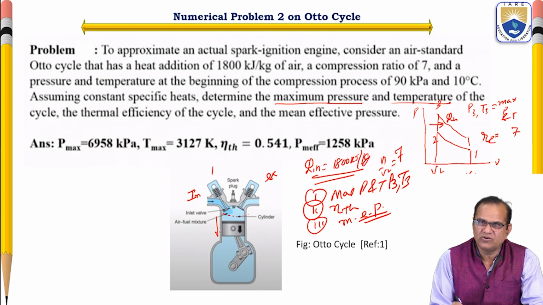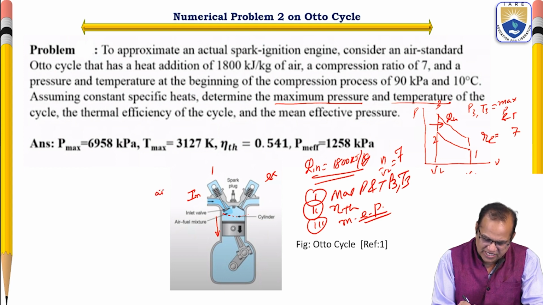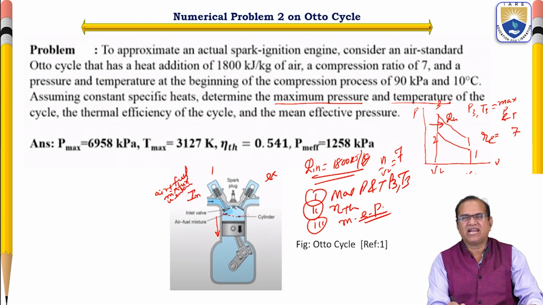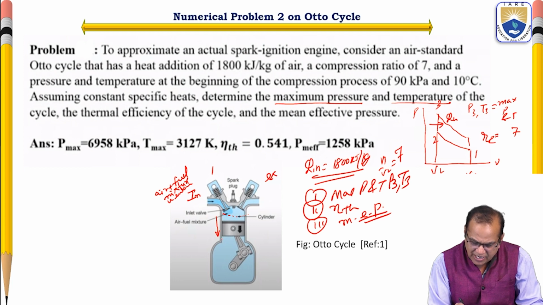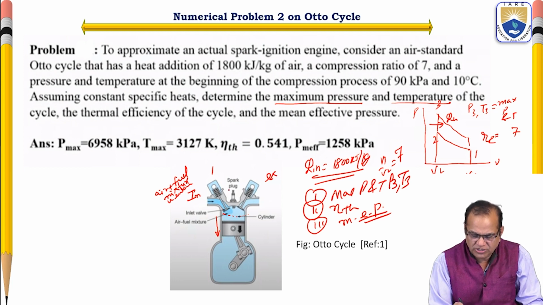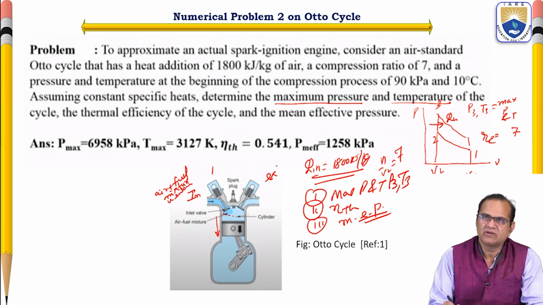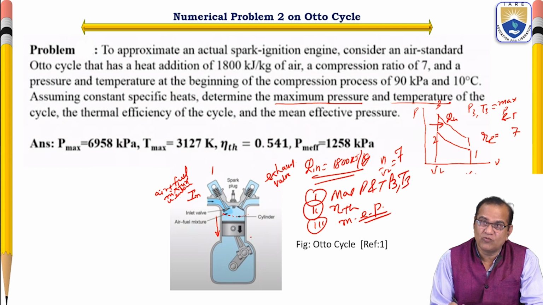As it is moving down, this valve is opened and the air plus fuel mixture is entering. When it reaches the bottom dead center, both the inlet valve and the exhaust valve are closed, and it starts moving up.